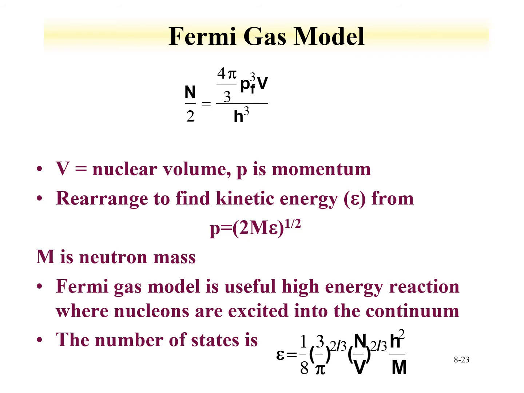From this, you can rearrange to find the kinetic energy of particles. The real utility of the Fermi Gas Model is for high energy reactions where nucleons go into the excited state. And you can use this to describe nuclear reactions where a compound nucleus is made and neutrons boil off.